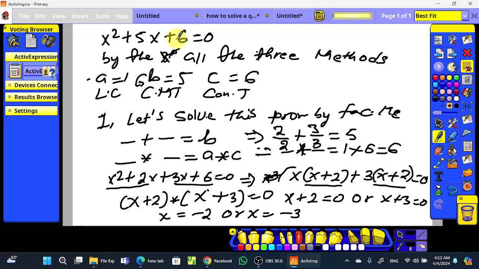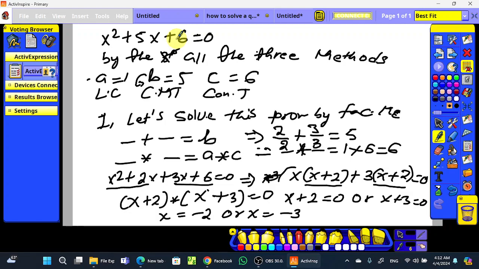If the coefficient is 1, you just need the numbers that add up to the coefficient of the middle term and multiply to give c, the constant term, that is 6.